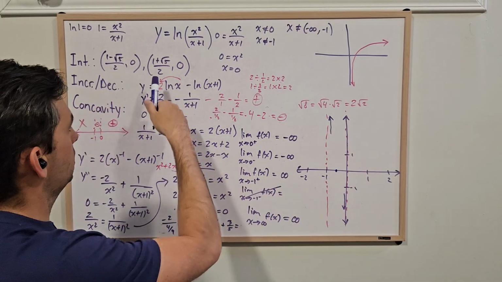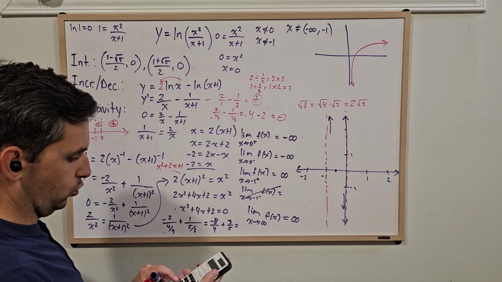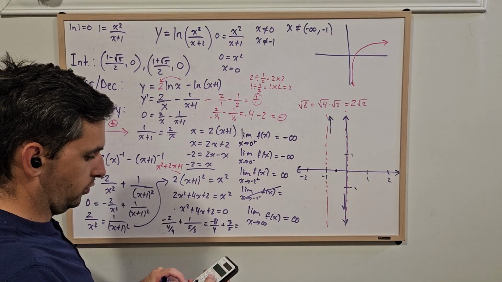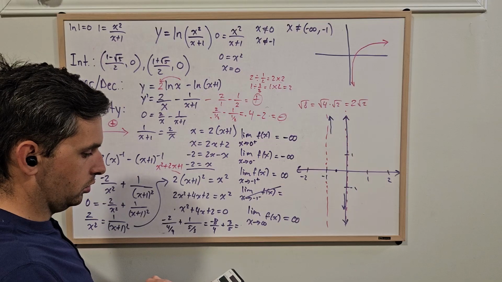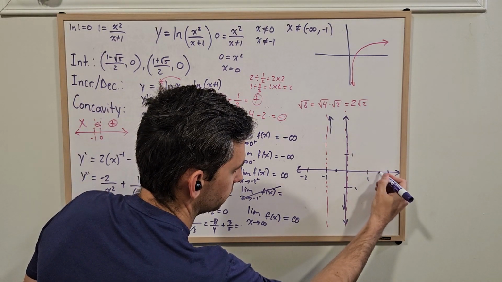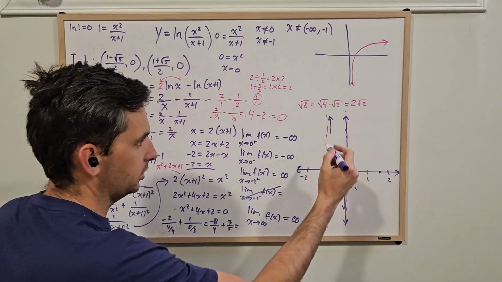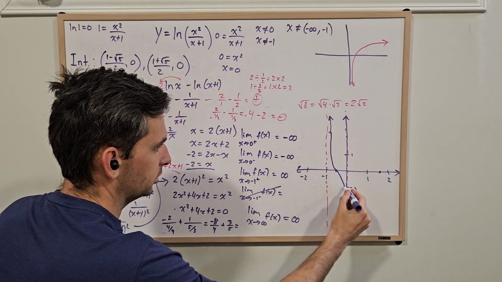So we're crossing over there. And the one on the positive side there is going to be 1 plus root 5 divided by 2. That's 1.6. So it's going to be somewhere over here that we cross, okay? So here we have a curve coming down like this.